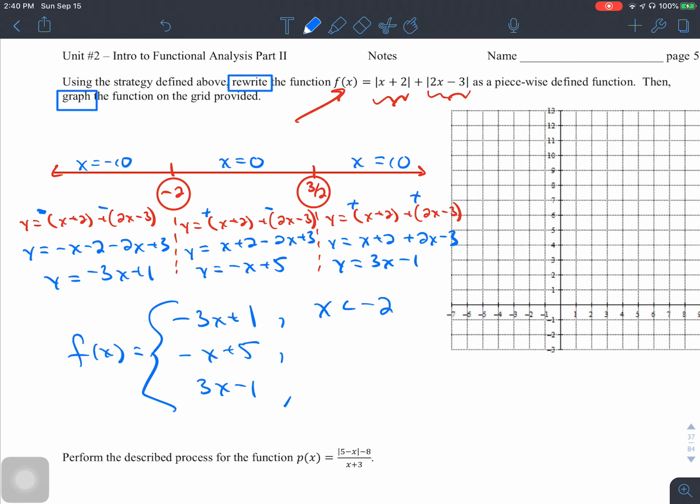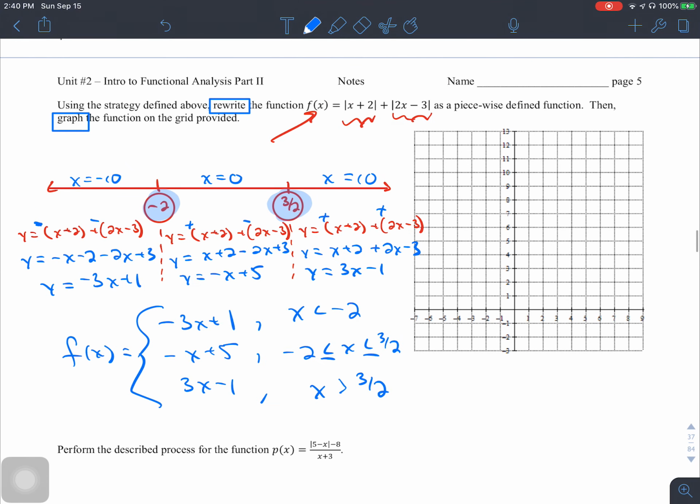The middle part is between -2 and 3/2, and the right part is greater than 3/2. I circled these numbers because they're inclusive. I can include those numbers in any of the intervals that have the boundaries, so I typically just put it in the middle.